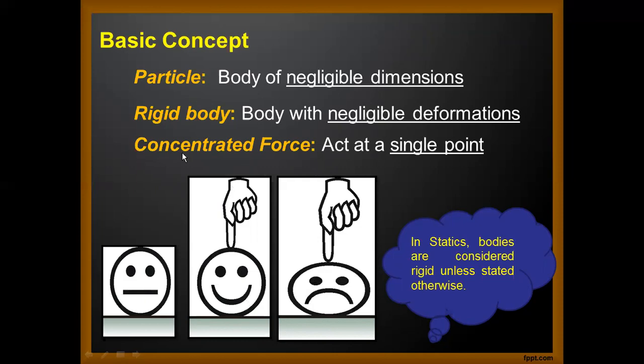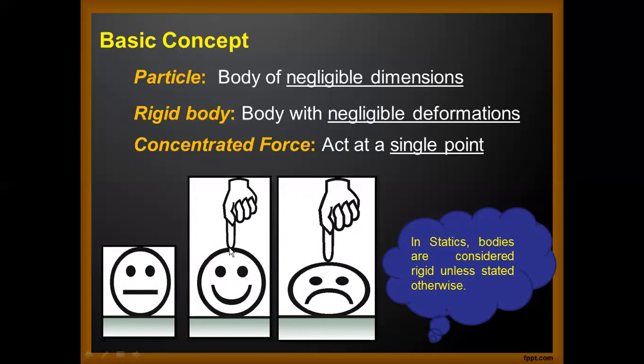The third consideration we apply in engineering mechanics is the concentrated force. For example, here you see, whatever the amount of force, assume 10 kilonewton of load is applied on this body, the entire load is concentrated at a particular point.